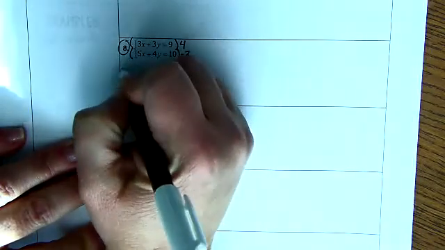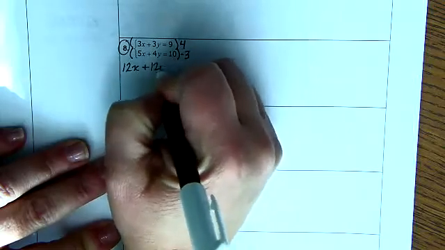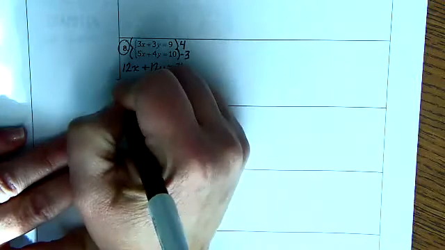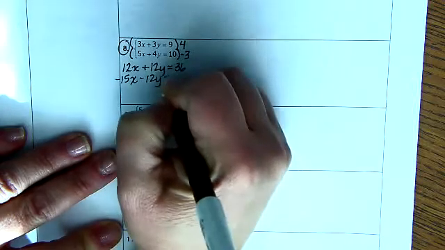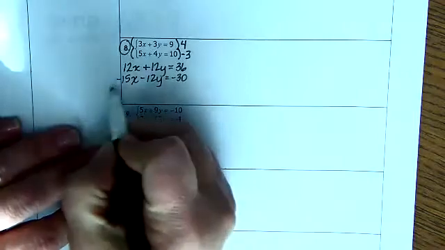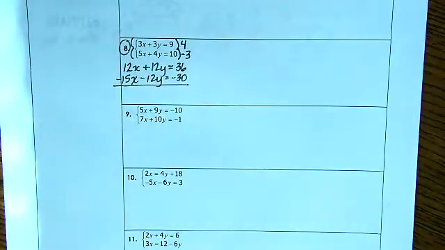Okay, so I've got 12x plus 12y equals 36. I have -15x minus 12y equals -30. There's my two equations.